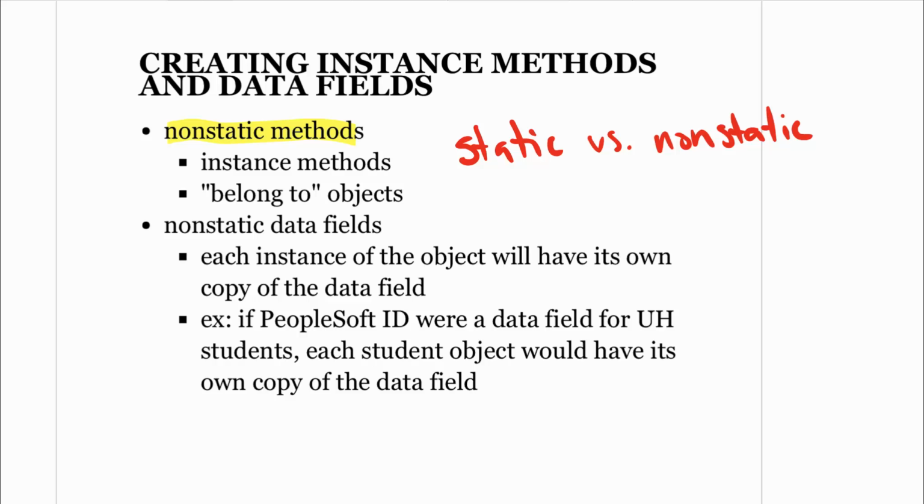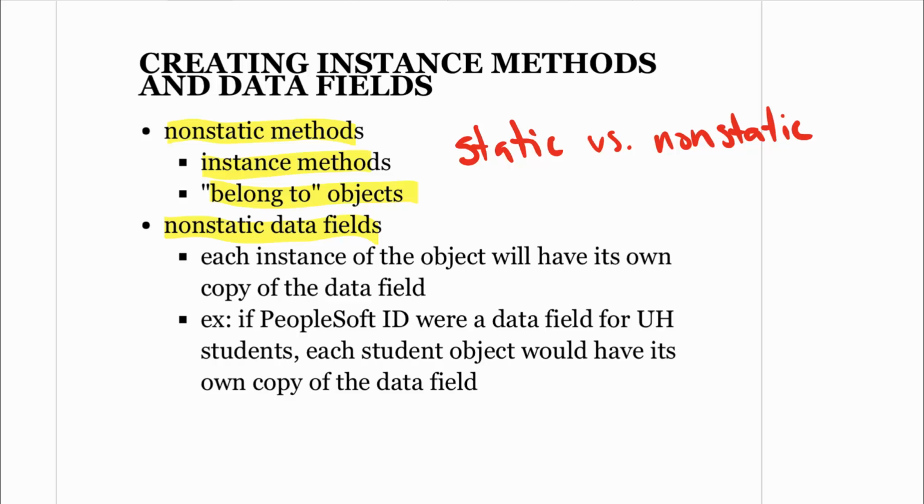So like I said, if a static method is something that's shared amongst all instances of a class, then a non-static method is not shared amongst all instances, meaning it's specific to a certain object or a certain instance. So those are called instance methods because they belong to objects. So if a non-static method exists, it only exists within that object or within that instance. And then in that same kind of line of thinking, you have non-static data fields or non-static attributes.